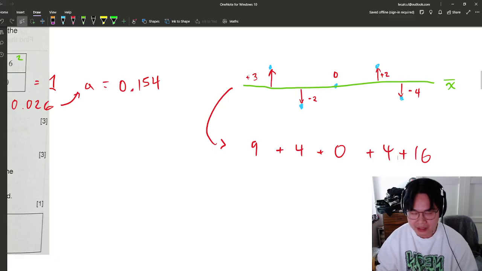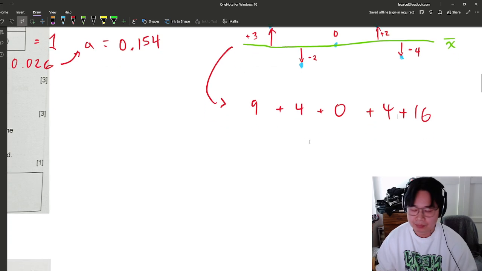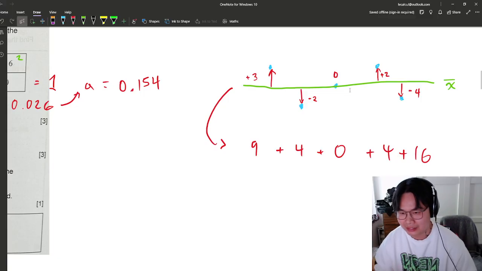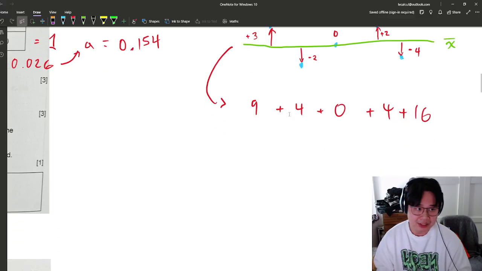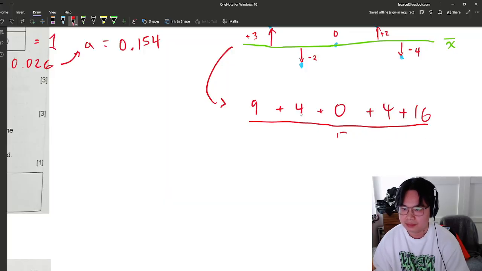When you square their residual, it will be a much larger number, and they have a greater impact on the average distance away from the mean. That's why you square them. You square them, then you take the average of this number, the mean of this. This thing is the variance.